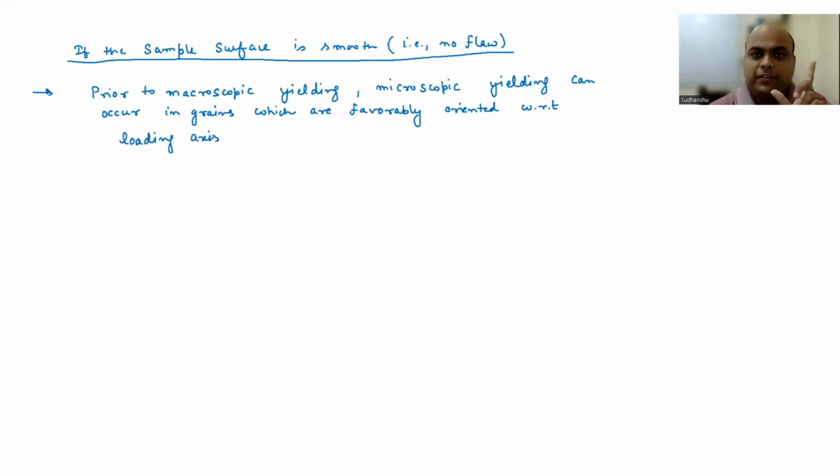So you can correlate this with respect to Schmid factor. Okay, so some of the grains are going to yield before you see macroscopic yielding.